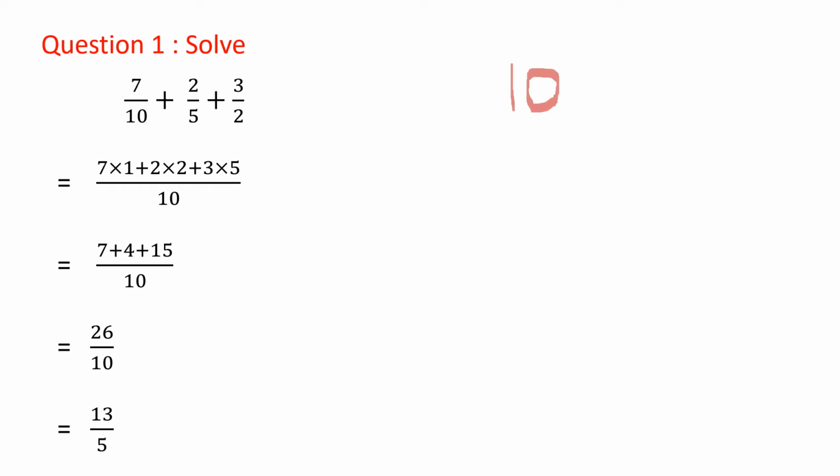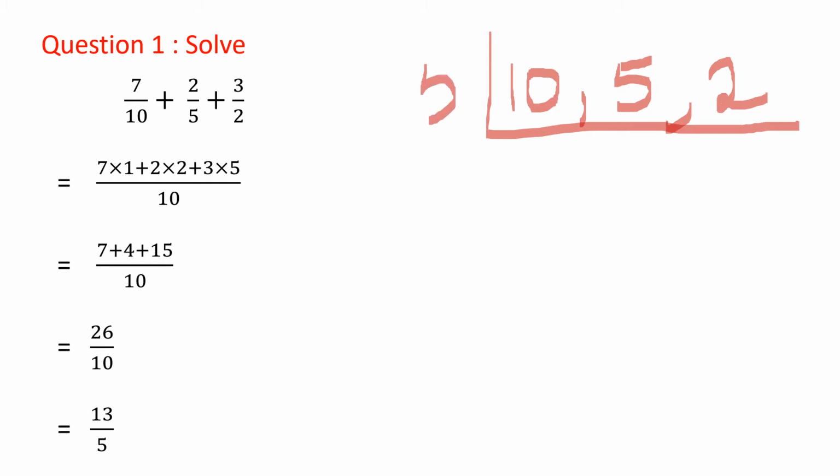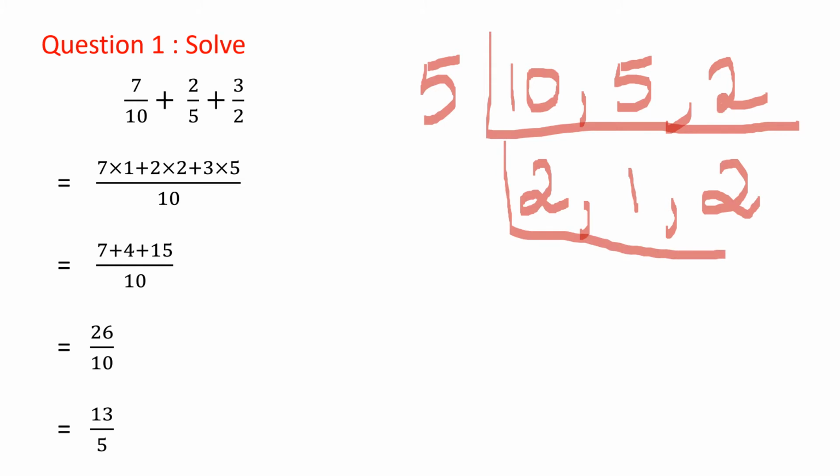Let's see. 10, 5, 2. So you can take 5, right? 5 2s are 10. 5 1s are 5. And 2 does not go, so 2 itself. Now again, you can take 2. 2 1s are 2. So all are 1, so you stop. And what is the LCM?